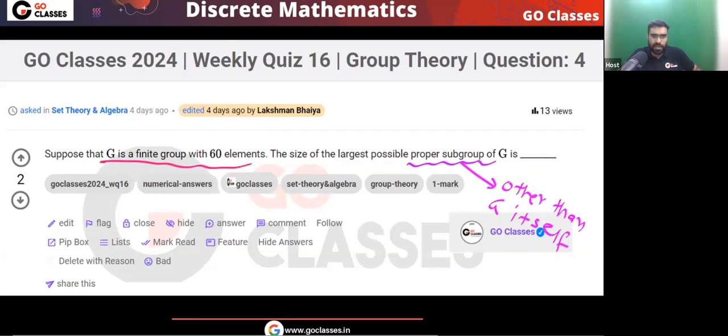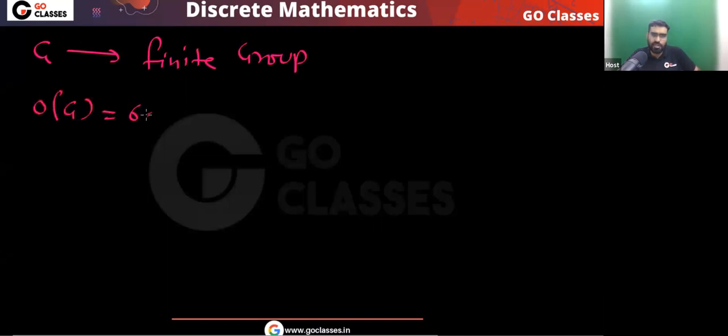Remember, G is a finite group with 60 elements, so it has a finite number of elements, and the order of G is equal to 60.